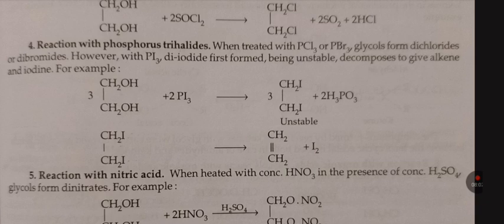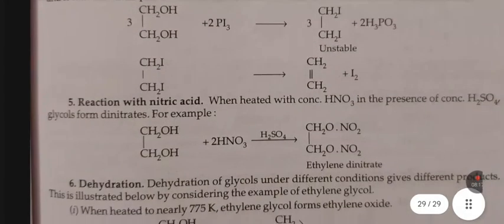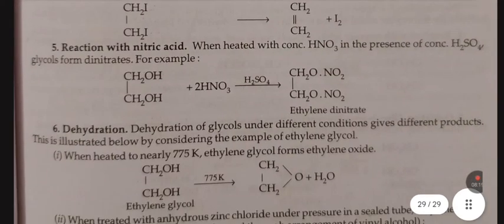However, with PI3, the diiodide first formed, being unstable, decomposes to give alkene and iodine. Reaction with nitric acid. When heated with concentrated HNO3 in the presence of concentrated H2SO4, glycol forms dinitrate as shown by the example.